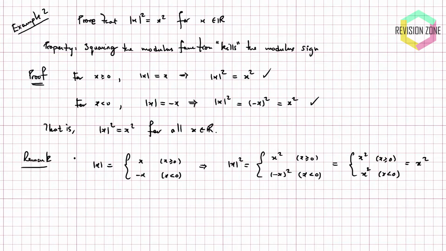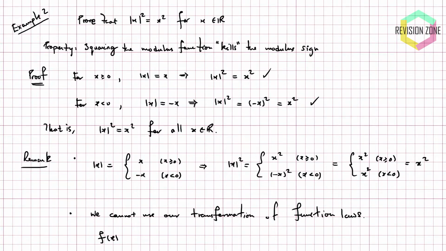And the second thing worth saying is that we cannot use our transformation of function properties, or transformation of function laws, here. Why can't we use this? Because if you go back and think about what sort of transformations we were writing down, you will figure out that we were writing down linear transformations.